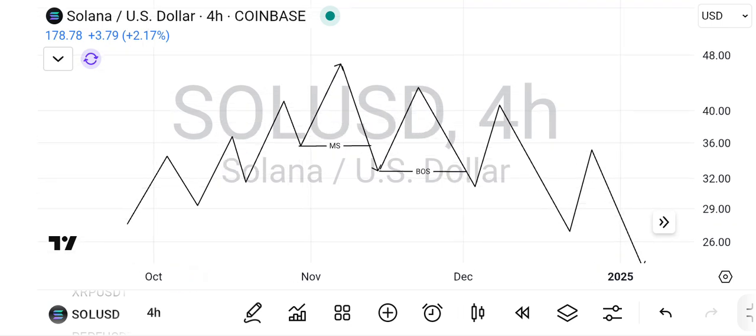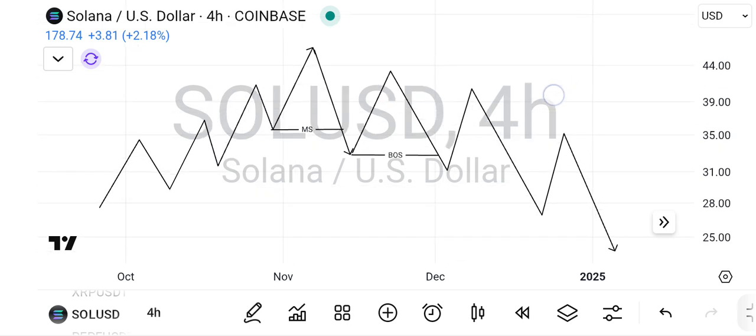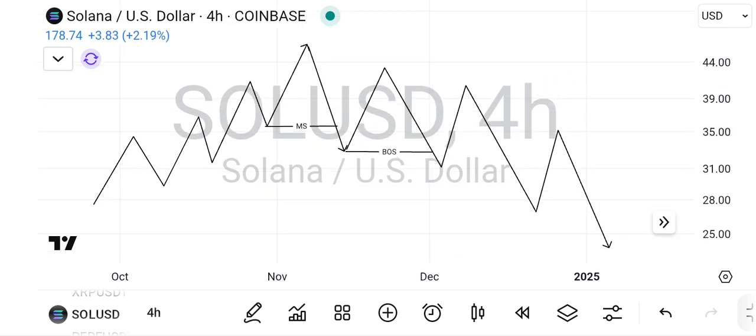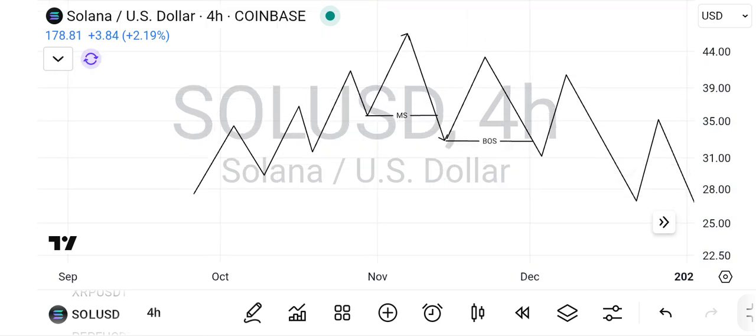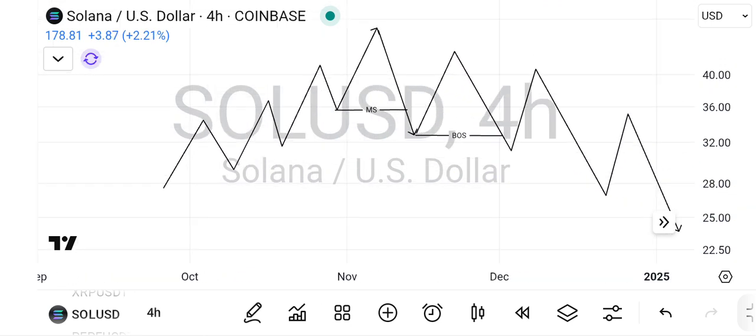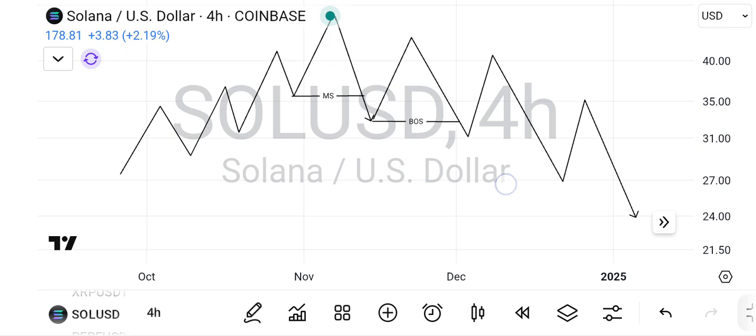In an illustration like this, you see that the market is moving smoothly. But if the market was moving exactly like this, then it would have been very easy for people to spot the market movement. So what we do now is move to the charts and try to identify the market shifts.